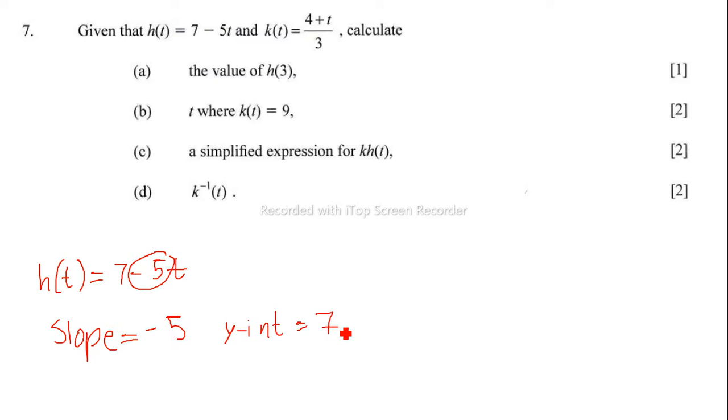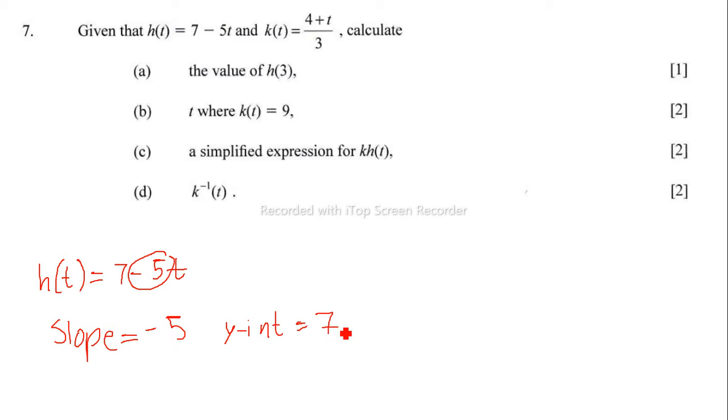We have a slope and we have a y-intercept. What type of function are we dealing with? Okay, let me give you options then. Is it a cubic function, quadratic function, linear function, or reciprocal function? Linear.